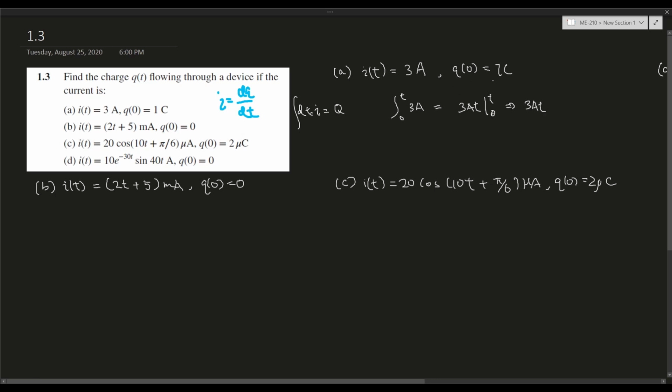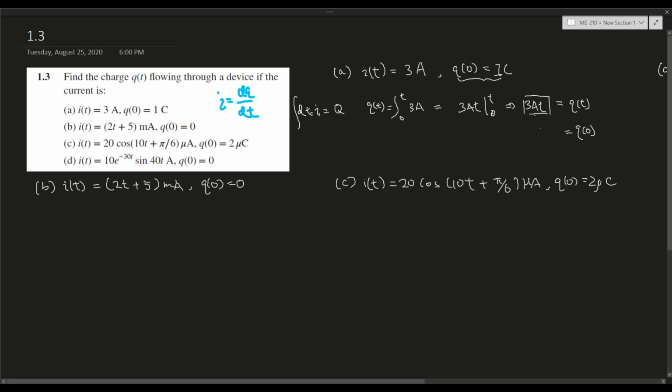Now remember, we're given the initial condition, and we know that this equals Q of T, because we're taking the integral. The initial condition is Q of 0 equals 1 coulomb. So let's type everything in.